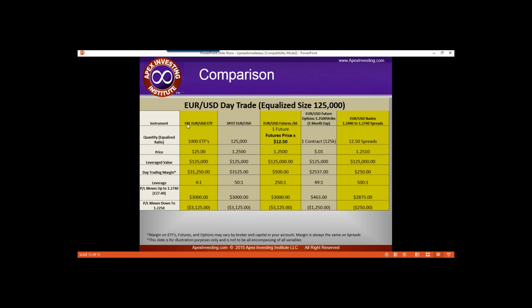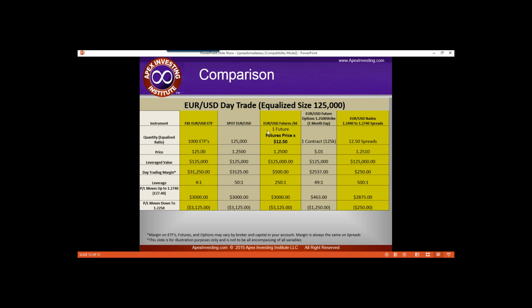If you were trading spot Forex, an actual lot of Forex, the margin you'd have to put up just to get in that trade could be up to $3,100. From there, whatever you're profiting or losing is separate, still separate in your account.